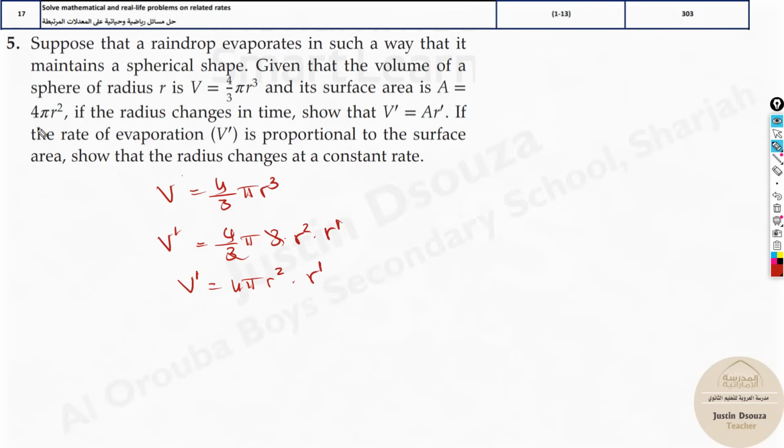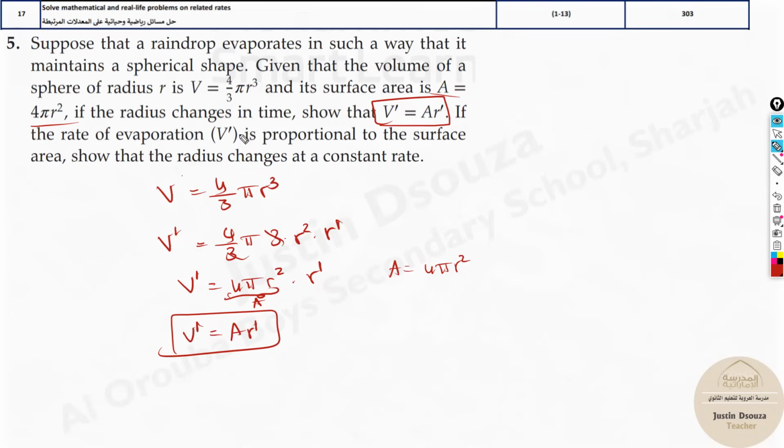Now let's see what is the area. Can you see this area formula is given? Area is equal to 4 pi r square. So now this much is A basically. So V dash is equal to A times r dash, and that is what we have been told to show, right? Yes, see, we have shown that V dash is equal to A times r dash.